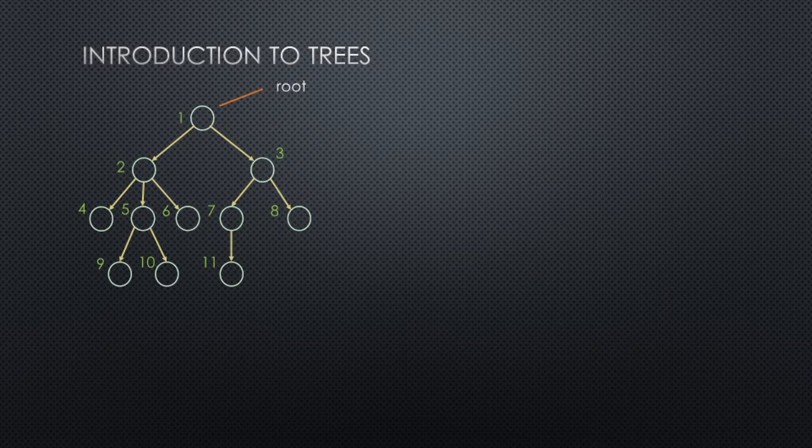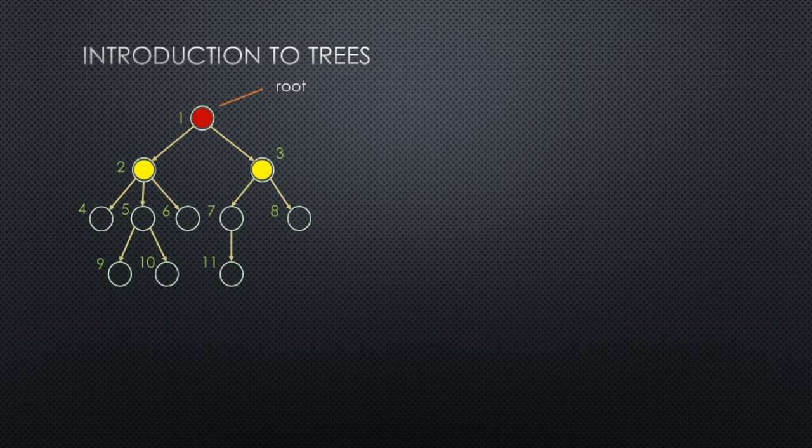As you can see, the root node, numbered 1 by me, and again these numbers are not indicative of any order, has a link to these two nodes, 2 and 3. So 2 and 3 will be called children of 1, and 1 will be called parent to nodes 2 and 3.